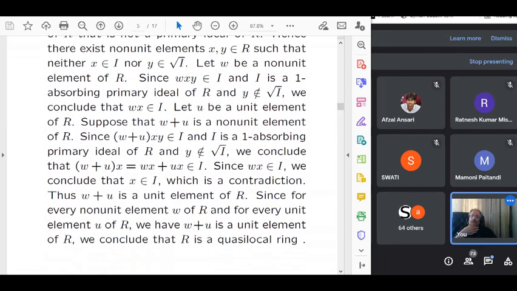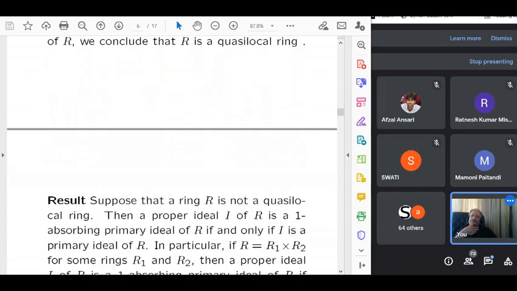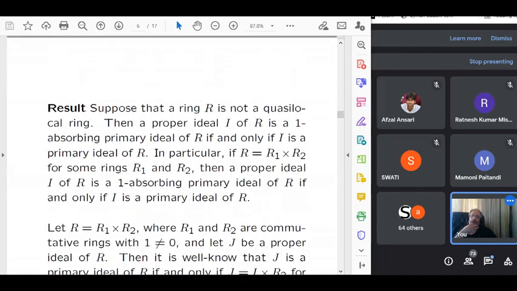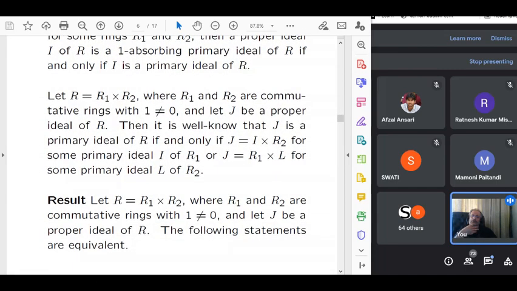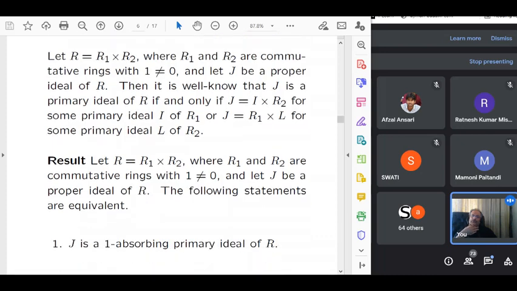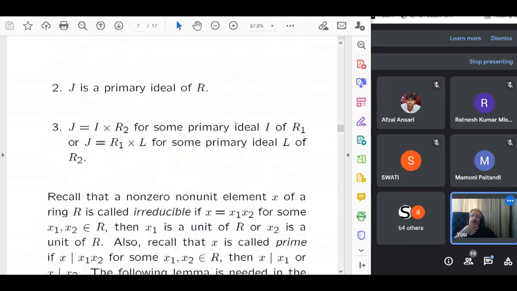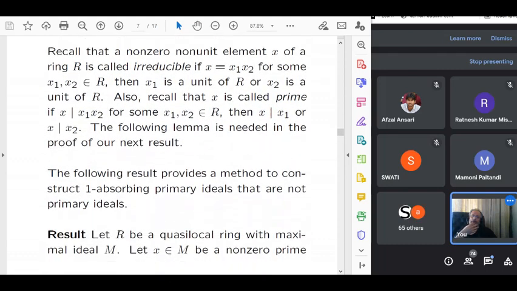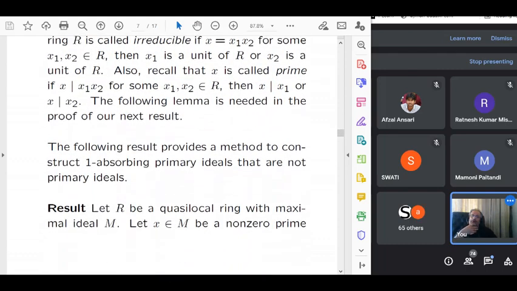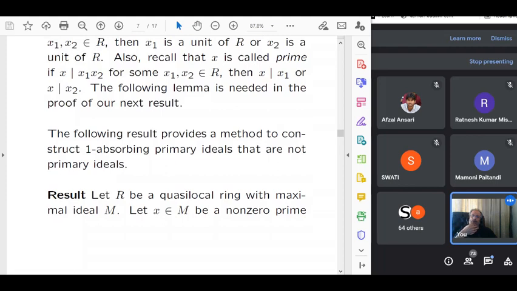We skip the proof. Here is what I promised you. The following result provides a method to construct one absorbing primary ideals that are not primary.